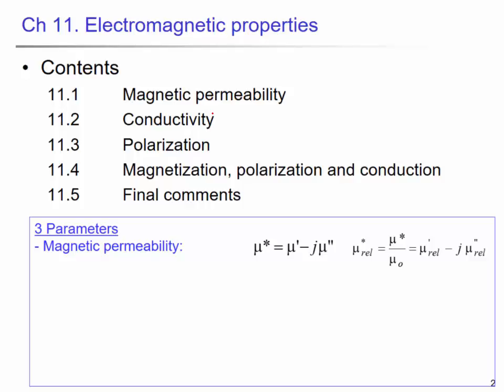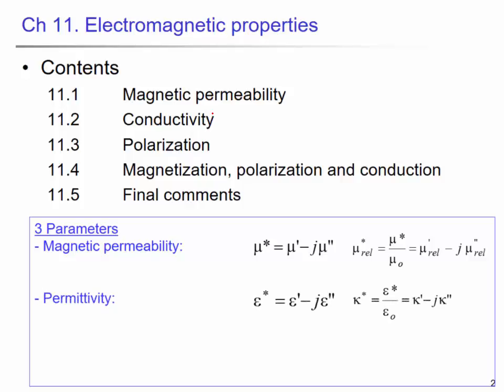Mu is the magnetic permeability, and mu naught is the magnetic permeability of free space, the vacuum. In general, we use mu rel, the relative magnetic permeability, which is normalized by the free space property, mu naught. Because mu naught itself is a very small number, it's easier to think in comparison to the free space property.